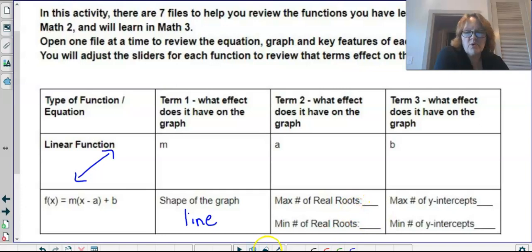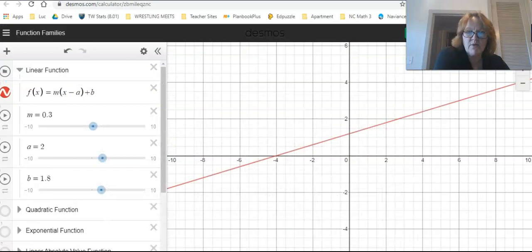What's the maximum number of x-intercepts or real roots? And what's the minimum number? Well, a line, hold on, get back over there. So how many roots is it going to have? Well, it's going to have 1, unless it's a horizontal line, and then it's going to have an infinite number.